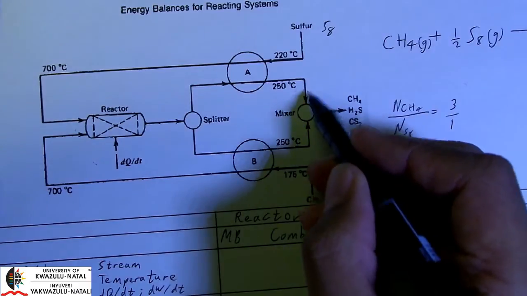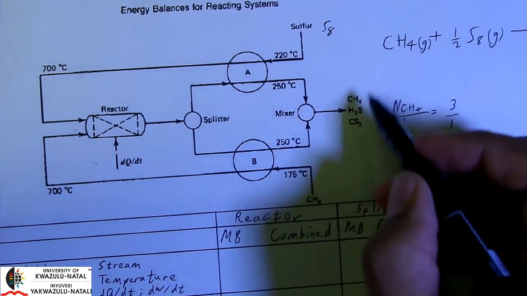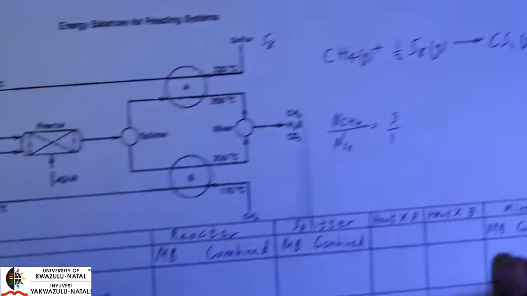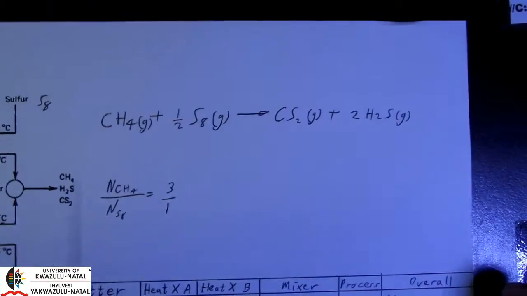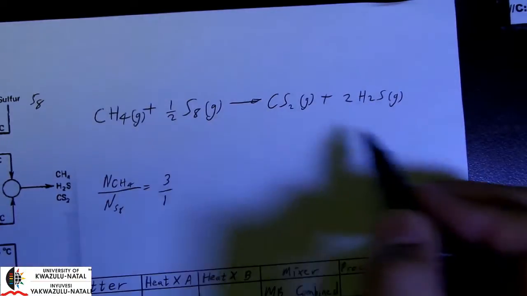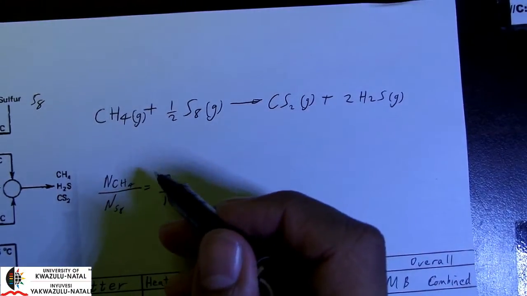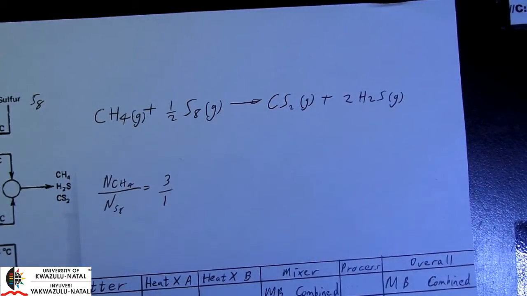And thereafter the products are recombined, and we have the following product stream. Okay, so we have been given a reaction. This is our reaction, and we are also given a subsidiary relation. Okay, so how do we perform a degree of freedom analysis on this process?